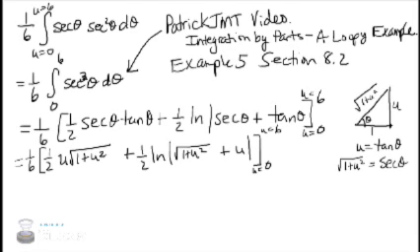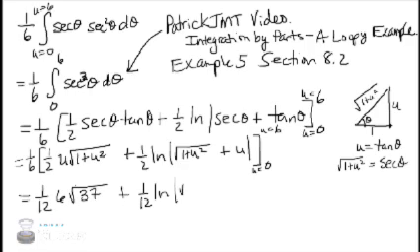Okay, so I'm going to go ahead and bring this 1/6 inside. So we're going to have 1/12. U being 6, and then the square root of 1 plus 6 squared is the square root of 37, plus 1/12, because I distribute the 1/6 again, natural log absolute value square root of 37 plus 6. That's plugging in u equals 6, and then we need to subtract from that plugging in u equals 0.